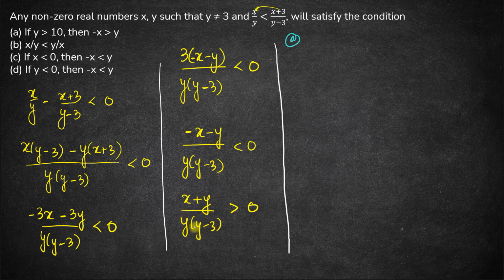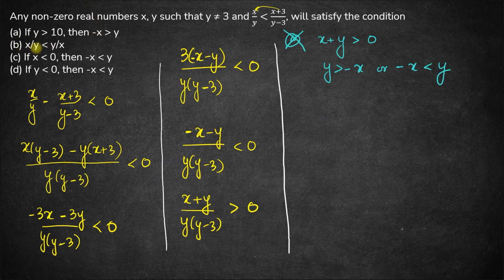So for this whole ratio to be greater than 0, x plus y should also be greater than 0. It means that y should be greater than minus x, or minus x should be less than y. But here the option says minus x should be greater than y. Hence this option is rejected. If this is true, then this cannot be true. So option A is rejected.